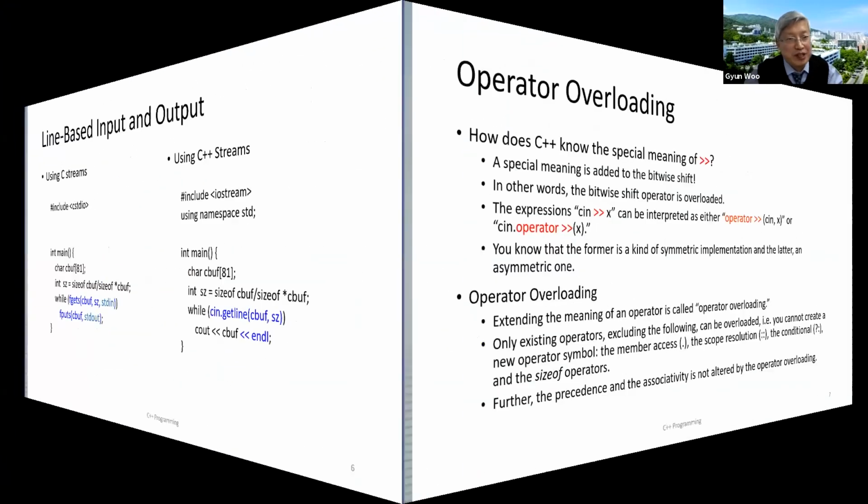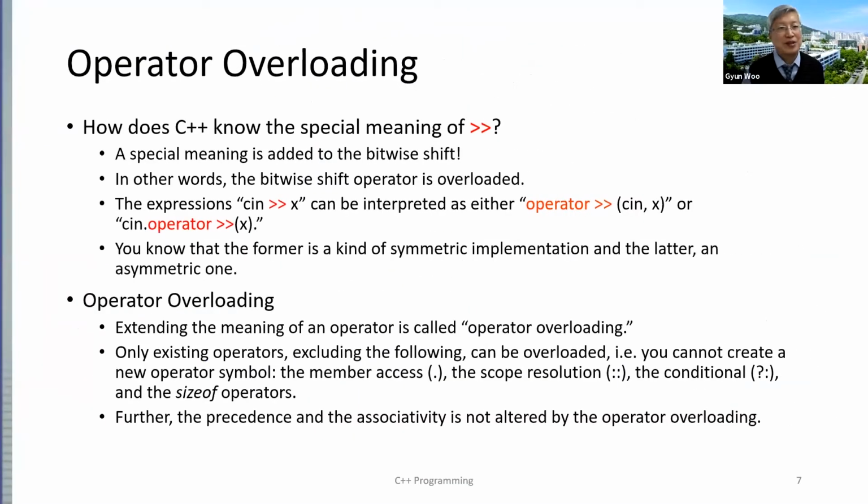So let's jump to operator overloading. You know how C++ knows the special meaning of extraction? The special meaning of extraction can be interpreted as an operator taking an input stream and a variable, or, in an asymmetric implementation, cin's operator as a member function accepting some variable.